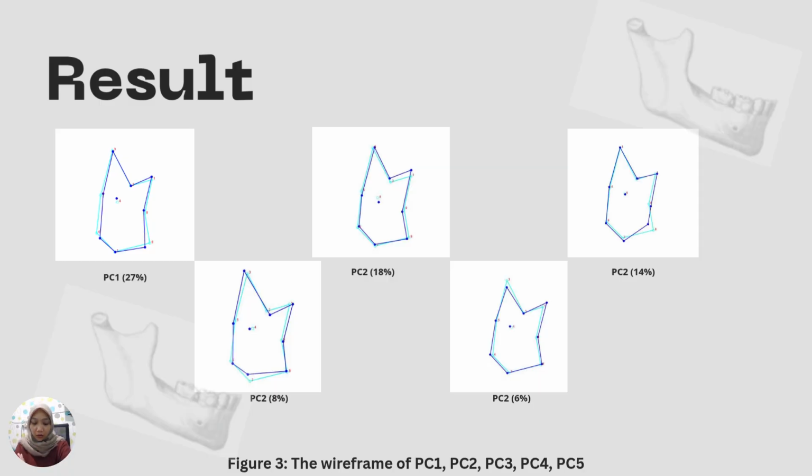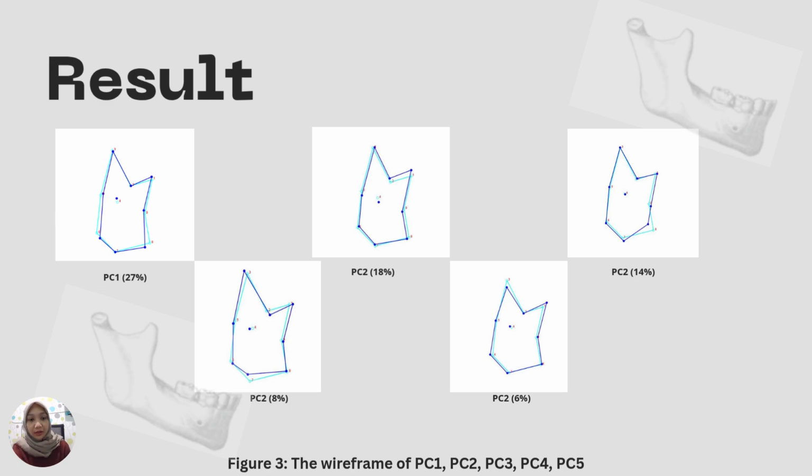This is the variance of the ramus in subadults 6 until 12 years, shown by the wireframe of PC1 until PC5.